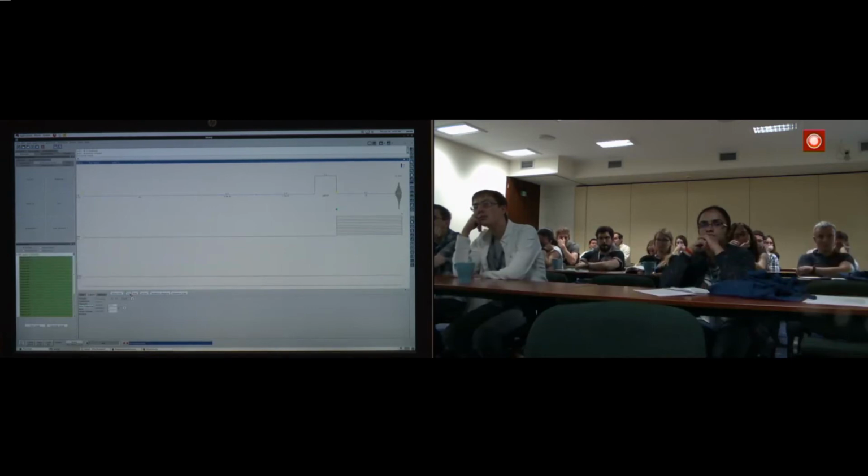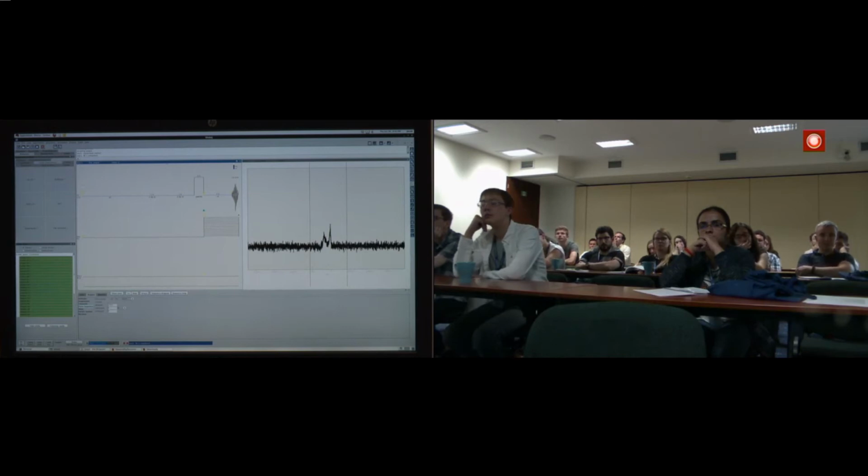So let me try if that works. That's exactly the same experiment, the same transients, the same acquisition parameters, except the fact that we have introduced this extra dipolar decoupling during the detection period, during acquisition simply. So on the right-hand side now you can see the static spectrum without dipolar decoupling. And in a second, on the left-hand side, we are going to see exactly the same spectrum, but with dipolar decoupling introduced.